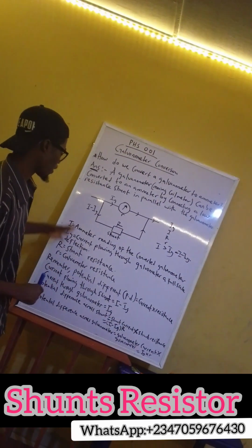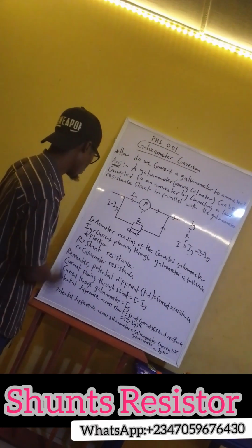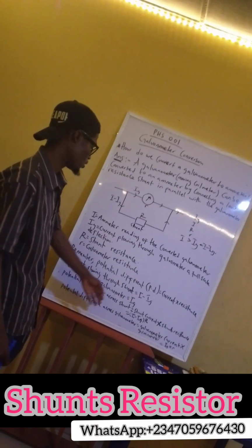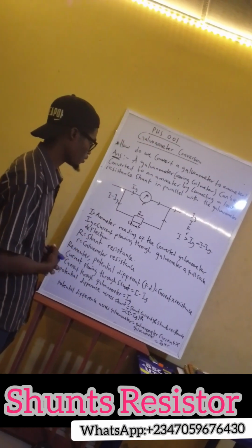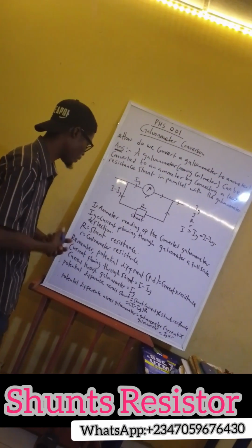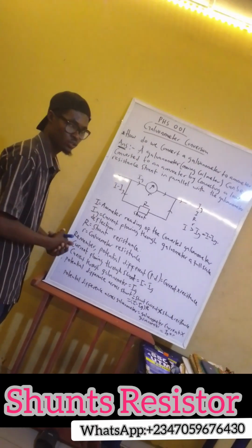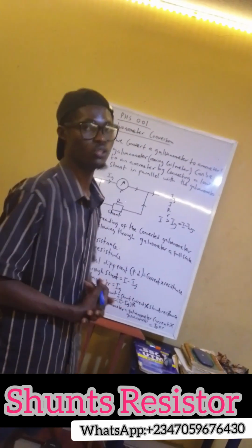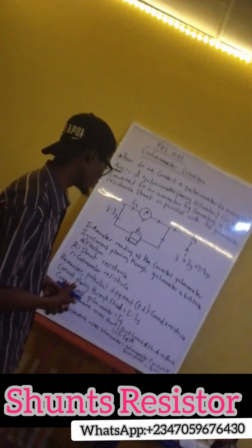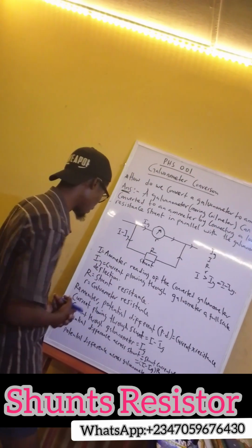All these parameters, you should study very well. Potential difference across the shunt is given by shunt current times shunt resistance. Shunt current is I minus IG, the same thing as current flowing through the shunt. And shunt resistance is capital letter R.